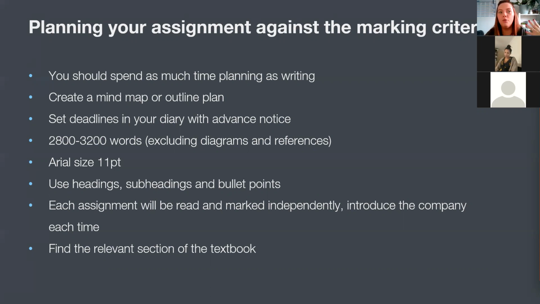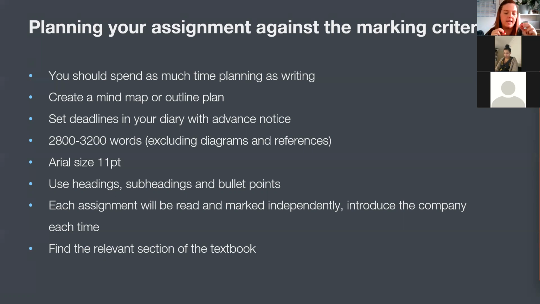And if you've got a really good, robust plan, when you step into that assignment, it's really going to help you take out those first steps. So I like to, first of all, write down all of my ideas. So just a bit of a brain dump of what my initial thoughts are when I read the question. So I might read the question and think, right, I could talk about this.